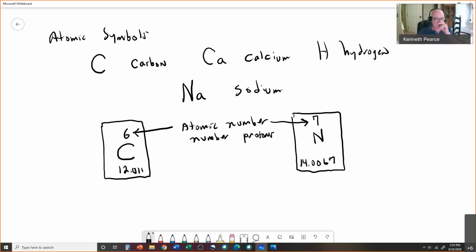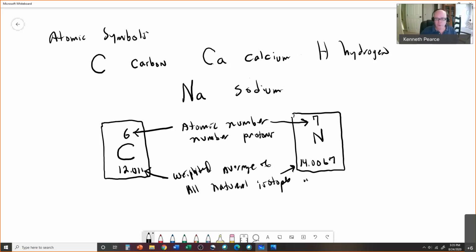Okay. Now, the bottom number represents a weighted average of all the isotopes, all natural isotopes. I mention that because this is the atomic mass that's on the bottom.